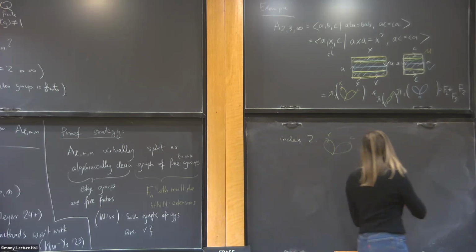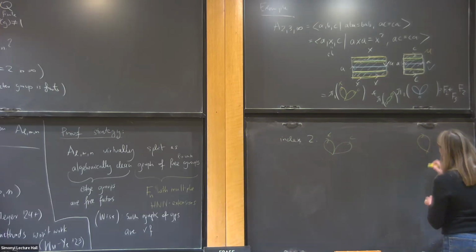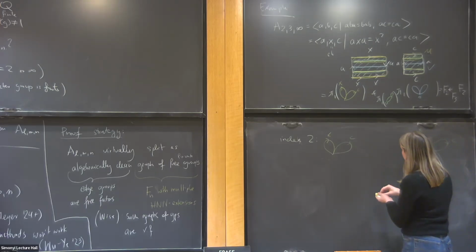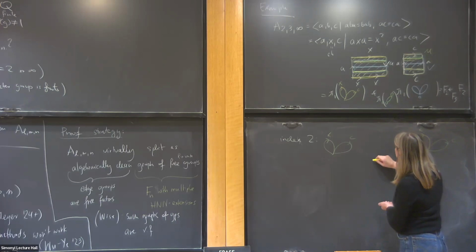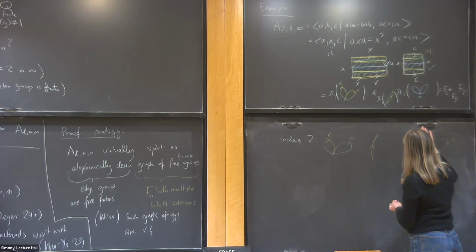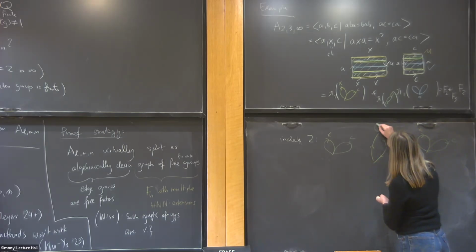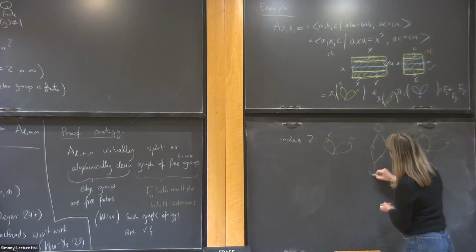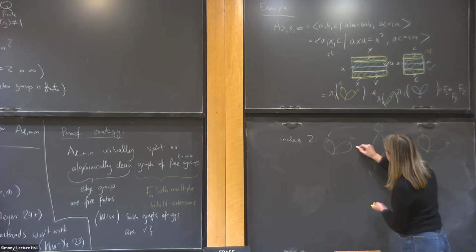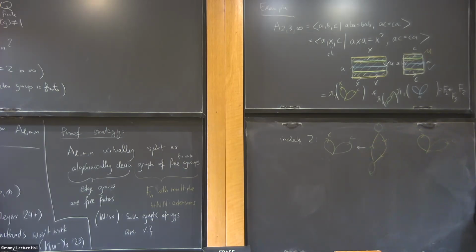I would have two copies of those groups as an index 2 subgroup. And this graph in the middle maps over here as this kind of graph.